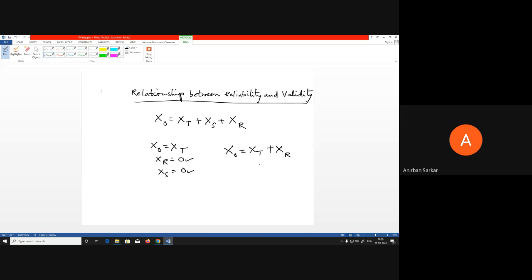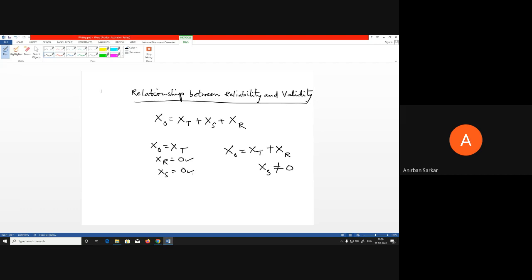Furthermore, systematic error may also be present, say XS is not equal to 0. So here unreliability implies invalidity. If a measure is perfectly reliable, it may or may not be perfectly valid, because systematic error may still be present.